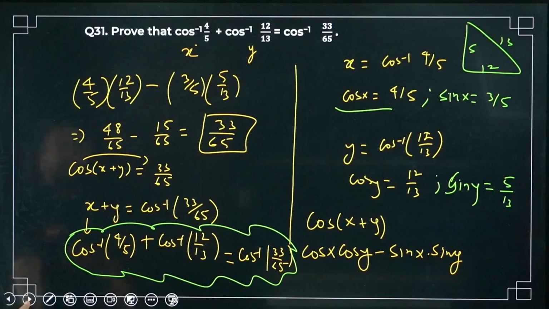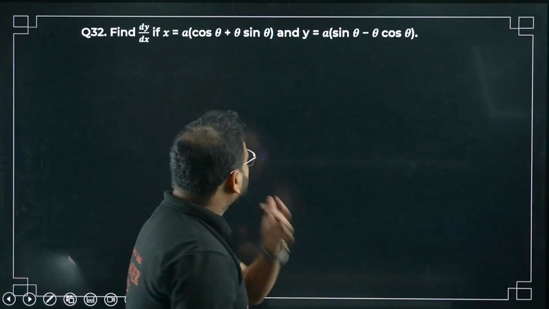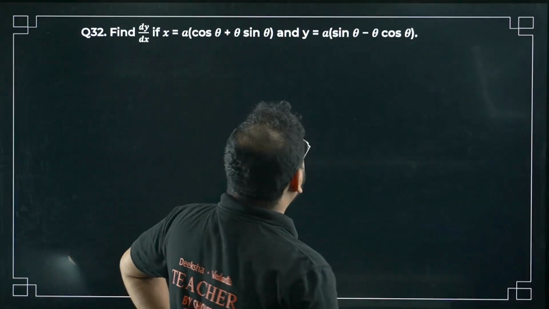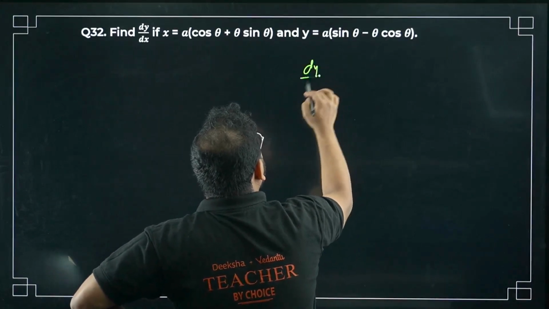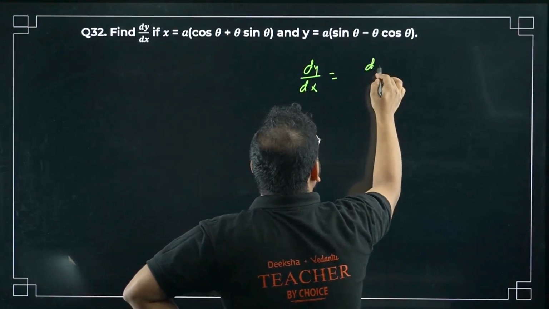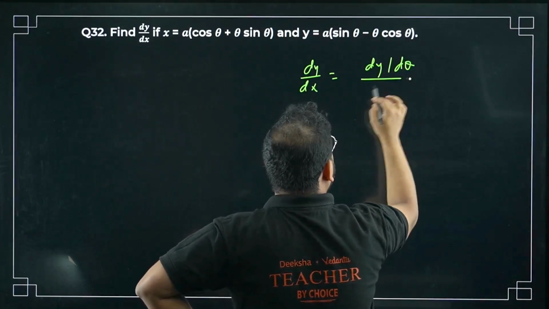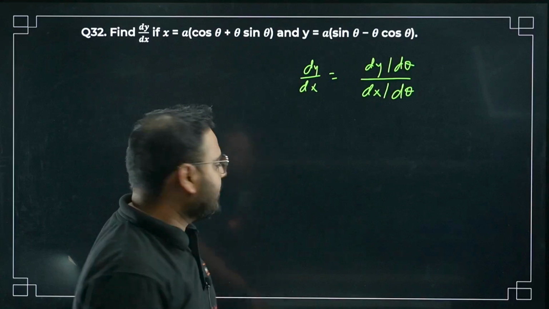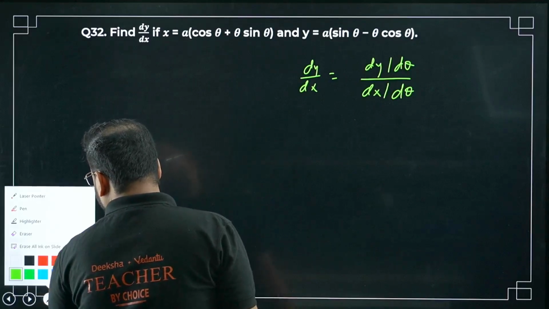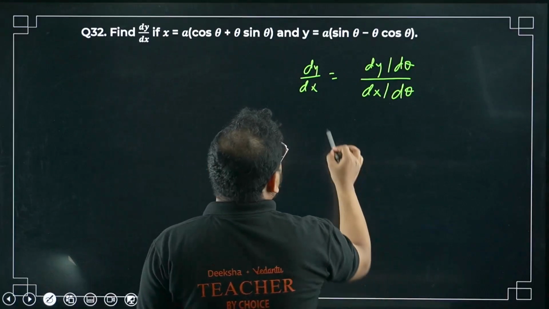Of course, sir. Find dy by dx if x is given like this. Okay, so we have to use the parametric form over here. What we can do? So dy by dx will be nothing but, remember this, dy by d theta upon dx by d theta. Is that clear? Okay. All right. What do we get from here?